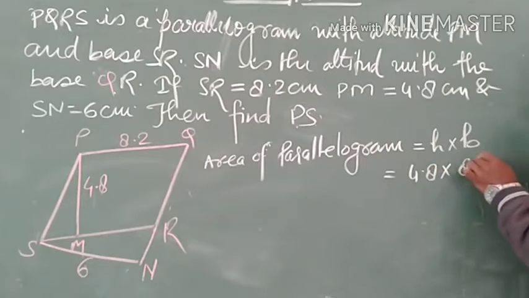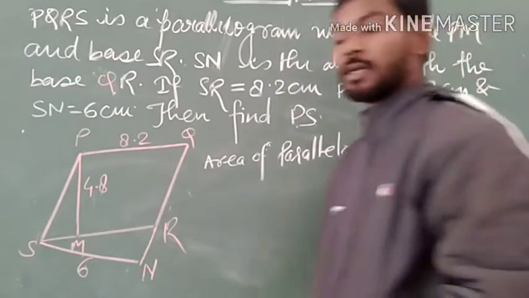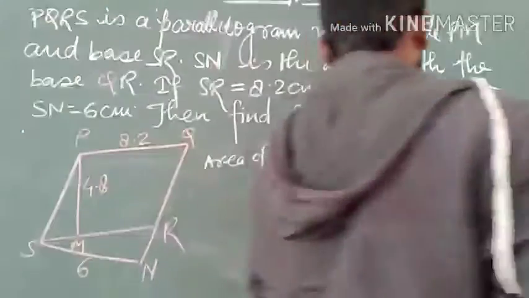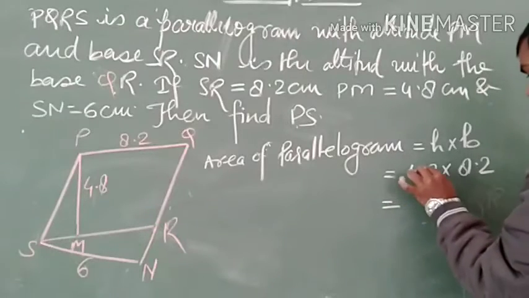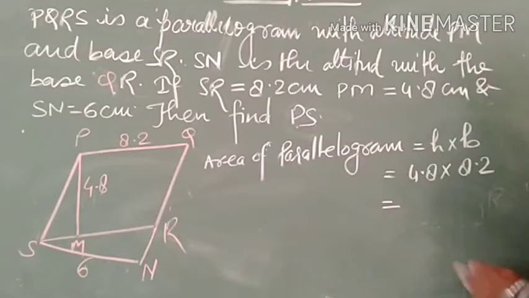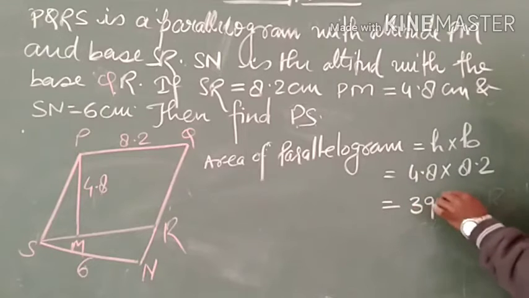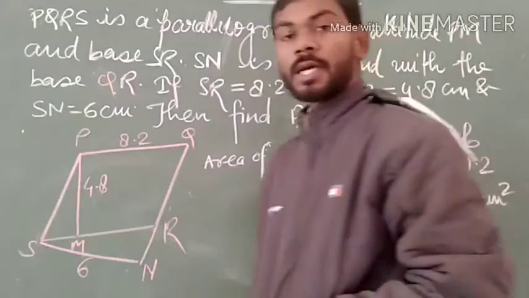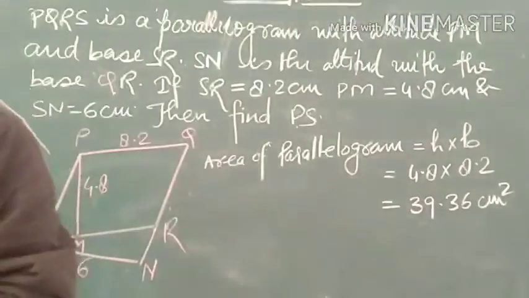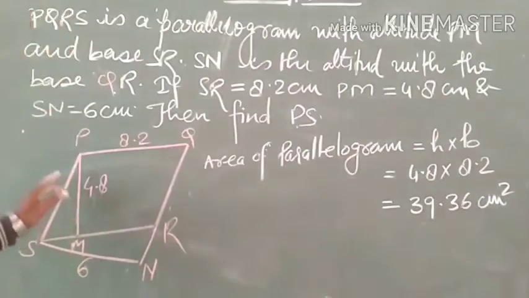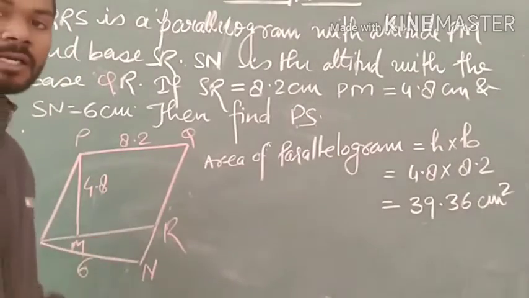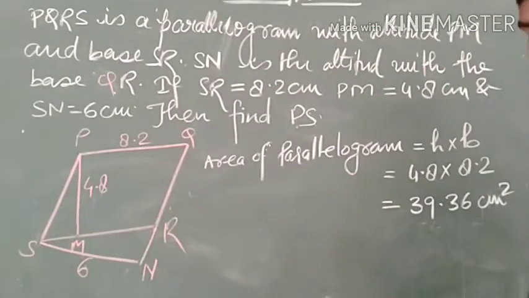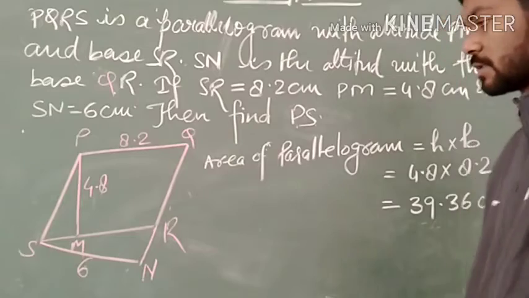Therefore we multiply 4.8 and 8.2. When we multiply, we get the result, 39.36 centimeter square. 39.36 is the area of the parallelogram PQRS.